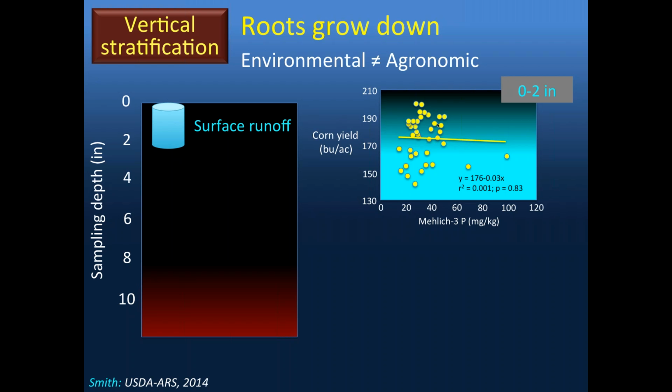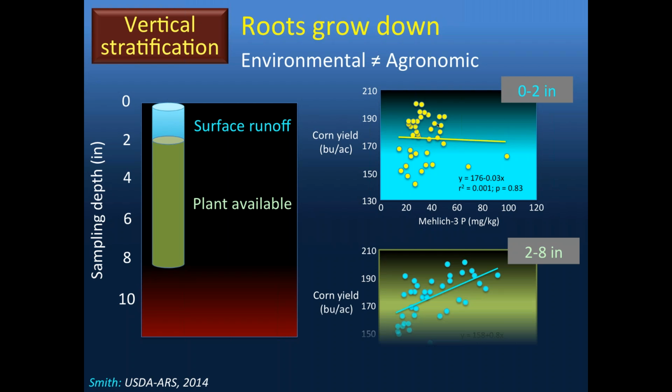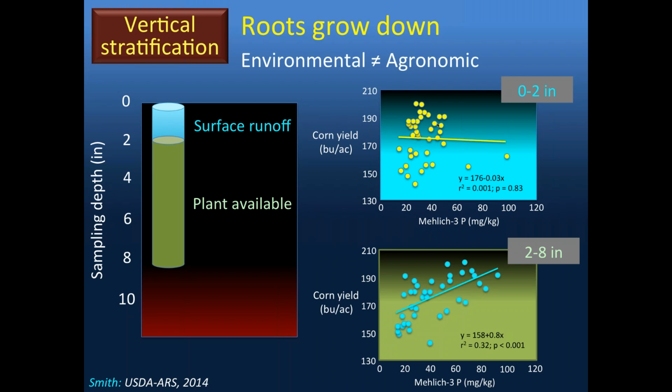So it's just not something where you would go and take a 2 inch sample for agronomic purposes. But then when he looked at the phosphorus that was at depth, he actually had quite a good relationship right there. You start to see this relationship between phosphorus and the corn yield in bushels per acre. And these are the same soils.